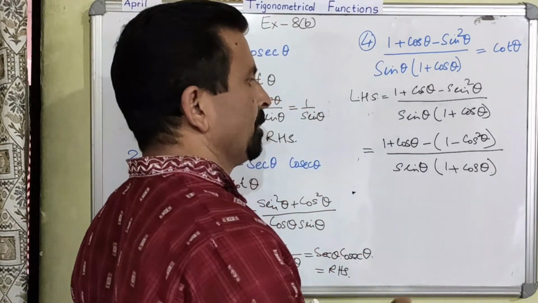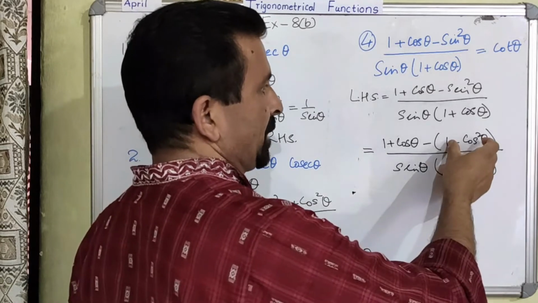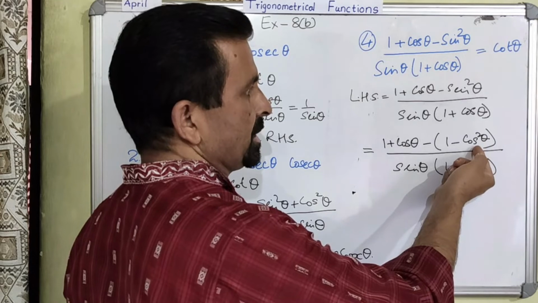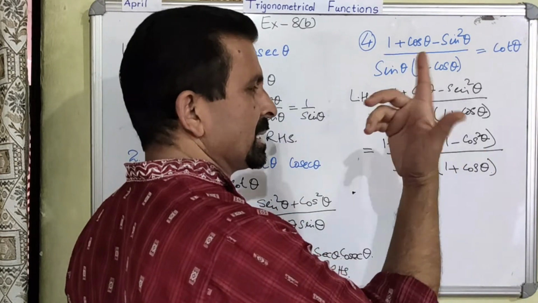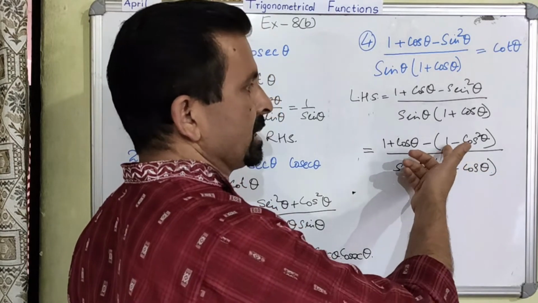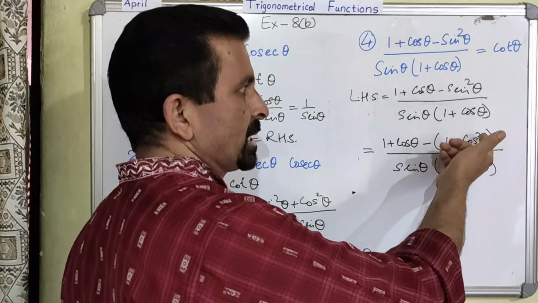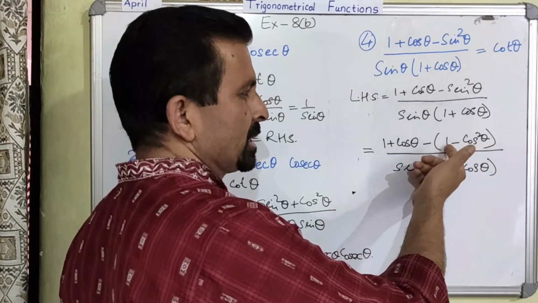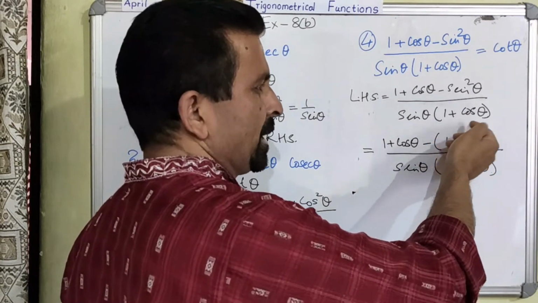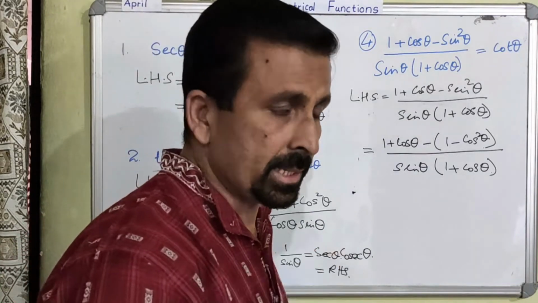Is this all right? Now this 1 minus cos square theta can be seen as the difference of a square. Why can this be seen as the difference of a square? Because this term is a square and this is 1, so 1 can be seen as anything that you want, right? For your own benefit, you can consider this as 1 square. And if I consider this as 1 square and this is already cos square theta, then these two will become the square terms and there is a minus sign. Therefore, this will be considered to be a difference of a square, and therefore we can write the factors of the difference of a square, right?